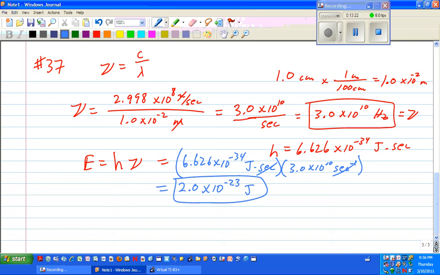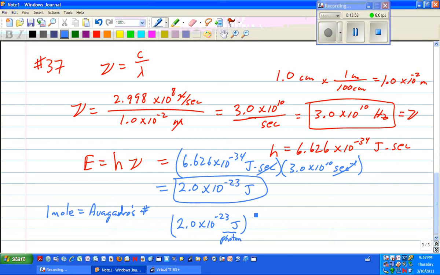Now we want to know how much that is for an Avogadro's number of photons. We're familiar with that: 1 mole is Avogadro's number. So we're going to multiply this 2.0 times 10 to the negative 23rd joules, which is really joules per photon, times 1 mole.